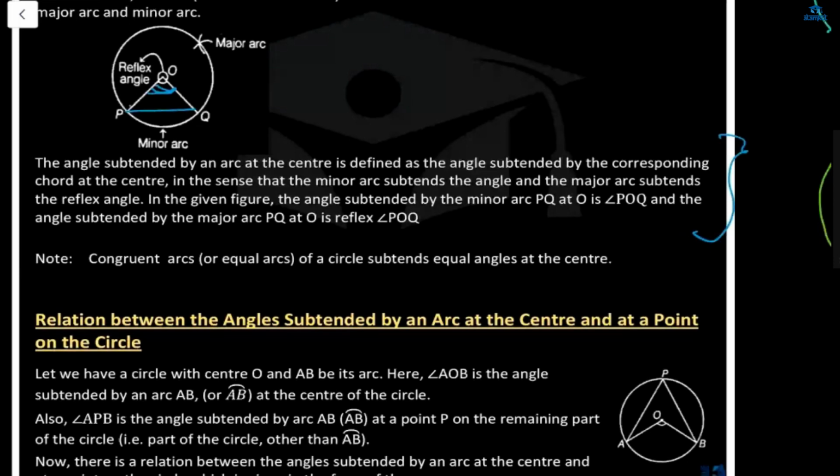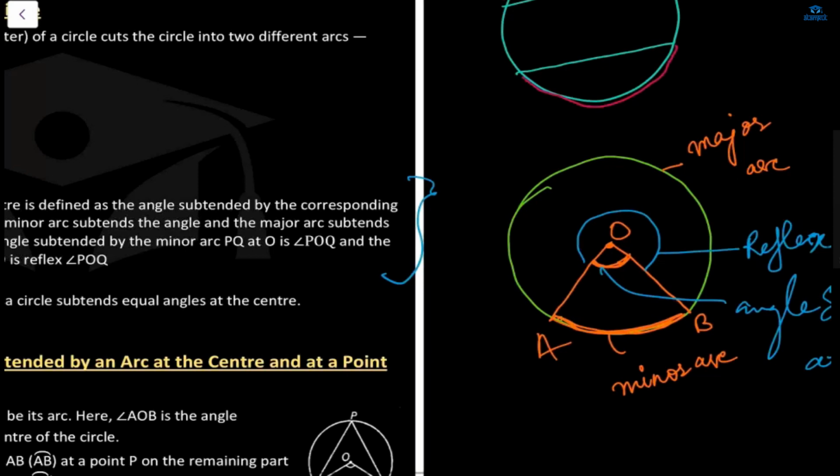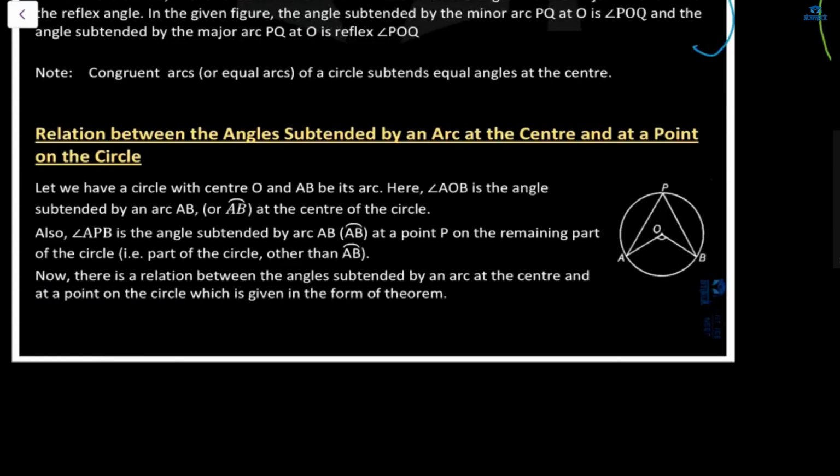The minor arc subtends the angle and the major arc subtends the reflex angle. This is the angle subtended at the center and this is the reflex angle of this. Now, congruent arcs of a circle subtend equal angles at the center. If the arcs are congruent, meaning they are of the same length, then they are going to subtend equal angles at the center.